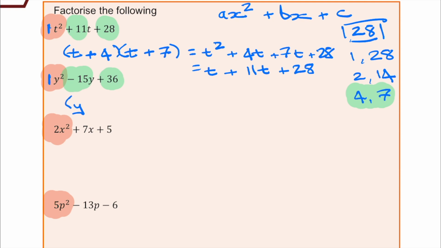So same as before, open up your double brackets, definitely need a y in both of them to get the y squared when we expand, and then we said a 12 and a 3 will work. Both of them need to be negative this time though. And again, we could double check it, but it will definitely give us the quadratic that we started with if we were to expand those brackets.